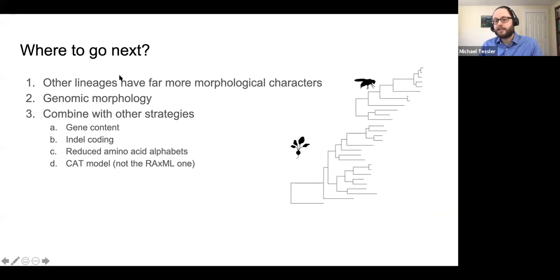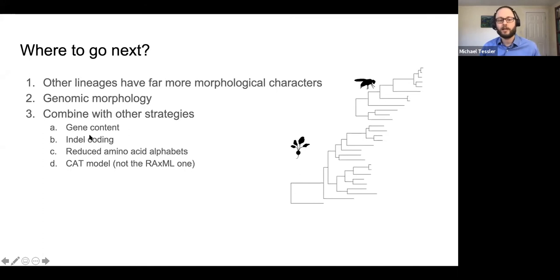Genomic morphology is a really interesting area that needs further exploration. And then we also need to be combining our work with other strategies. So we know that CAT models combined with reduced amino acid alphabets have made flips to things like the sister to other Metazoa node. So what happens if you combine those with morphology?